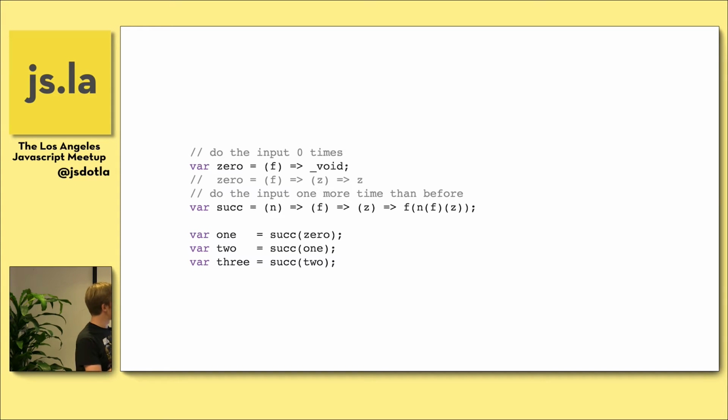And then its successor can be defined as a function that takes a number and then returns a number that actually just applies that function to the number. So this is actually a lot like reduce. It'll make more sense. So you can think of 1 as the successor of 0, 2 as the successor of 1, and so on.